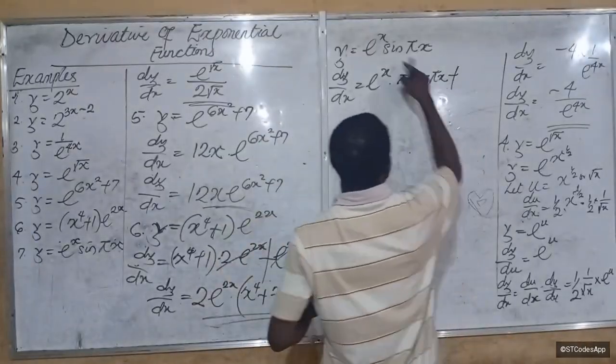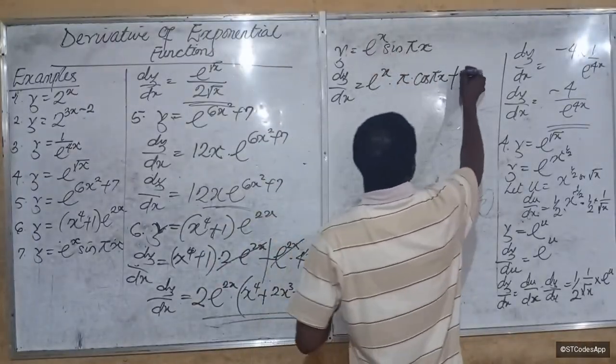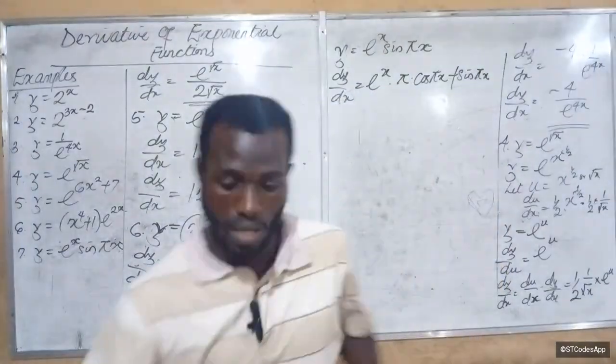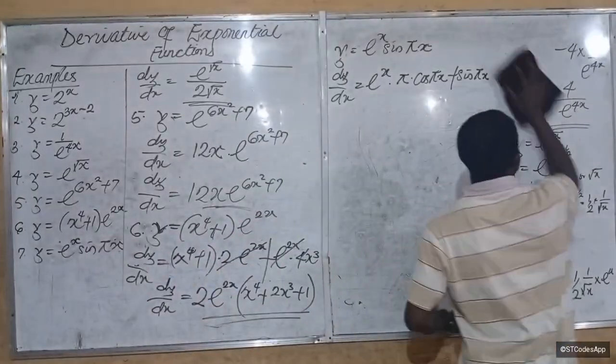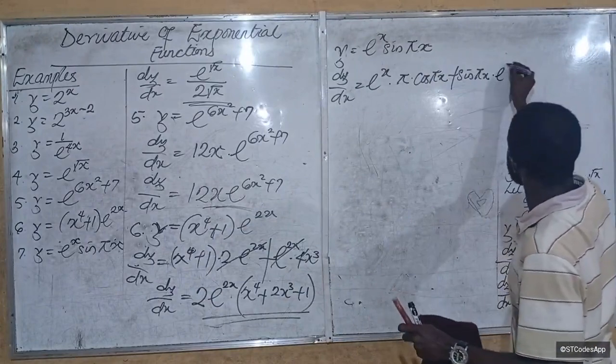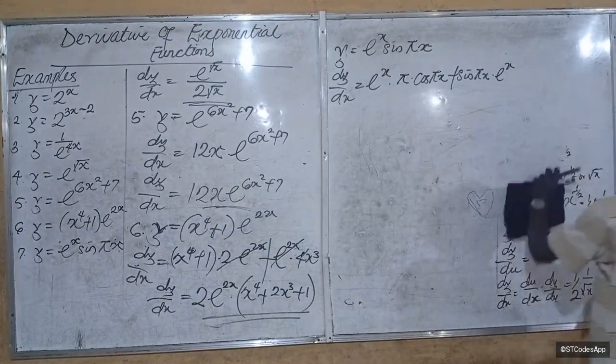Then plus, hold this, differentiate this. That will be sine pi x, and differentiate this, dot e to the x. Is it clear?